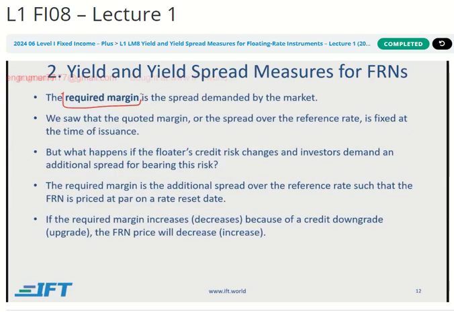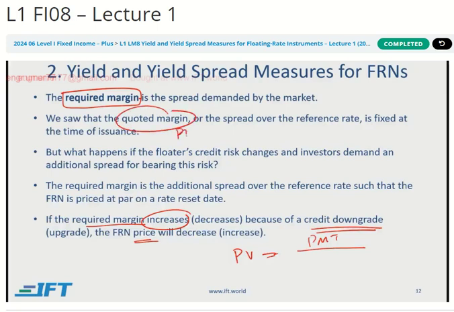Now, the required margin can be different from the quoted margin, right? And if that happens, let's say the required margin increases because there is a downgrade of the credit quality, well, then the price will go down because it's as simple as the payment staying the same because that is linked to the quoted margin.